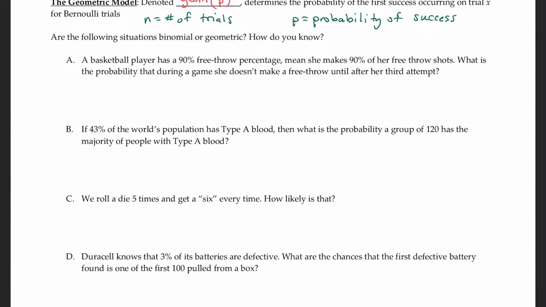As a little nudge here, 2 of them are geometric and 2 of them are binomial. So make sure you go back through, if you thought there was 3 and 1, it's 2 and 2, and try to remember which one is which and why that makes sense. Because in class, you're going to come in and talk about these 4 with your team.